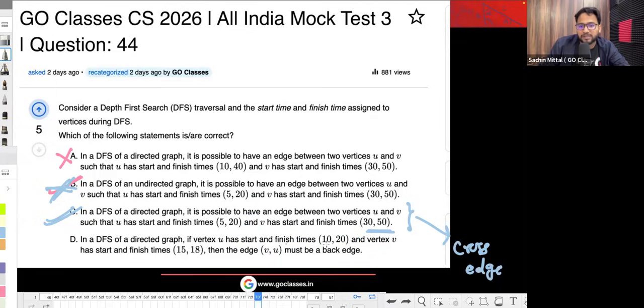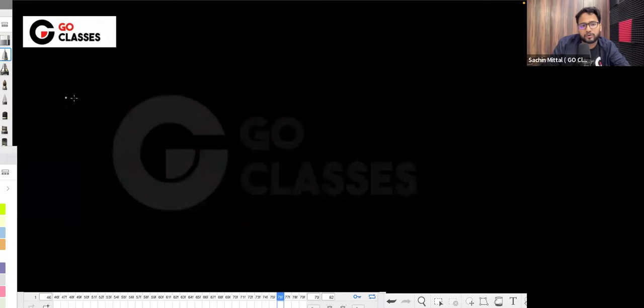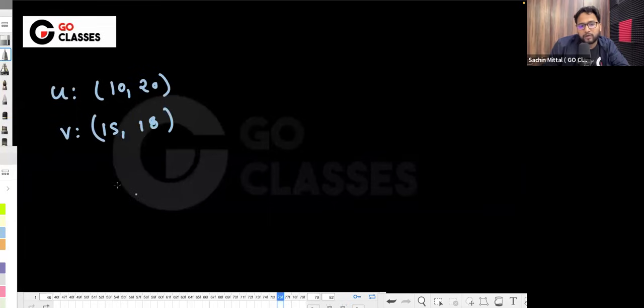Now they are saying there is 10-20 and 15-18 in a directed graph. So U is 10-20 and V is 15-18. So 10-20 means like this and 15-18 will be under this.